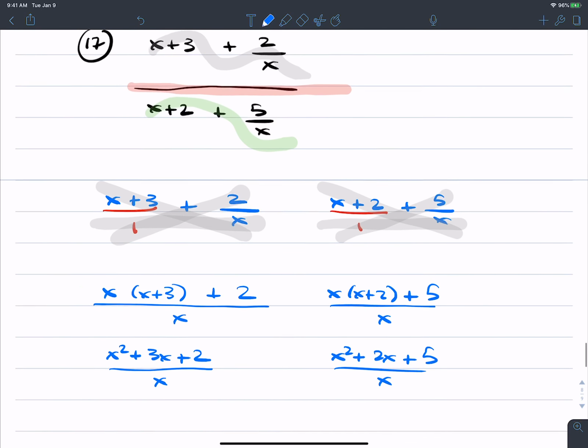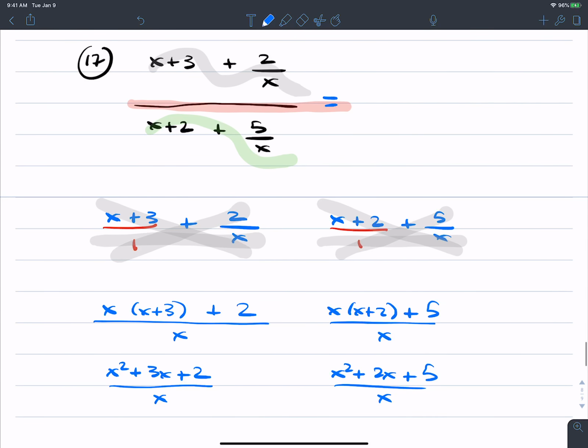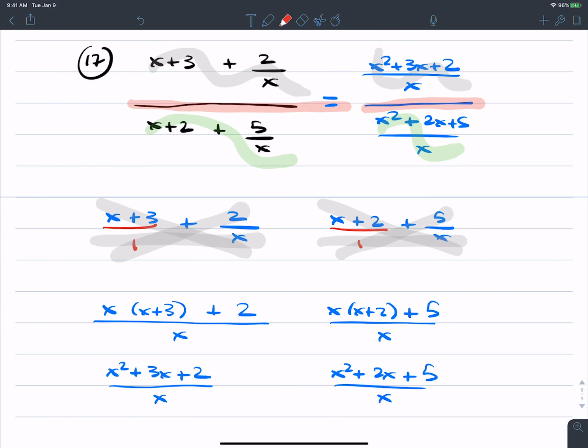So this becomes equal to x squared plus 3x plus 2 over x over x squared plus 2x plus 5 over x. Because this portion here is my numerator, this portion here is the denominator, and again, we have to divide.